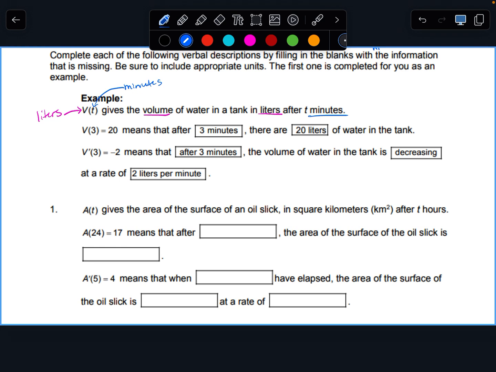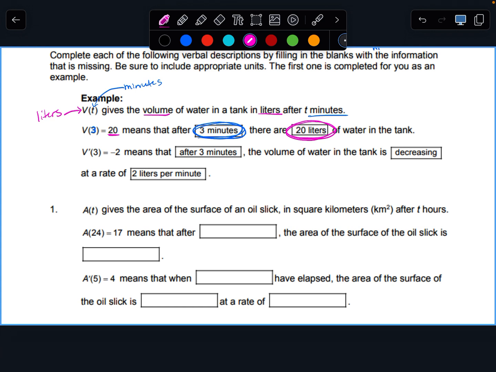So when I'm filling in these blanks, V of 3 equals 20 means that after, the T is the 3, right? So I say 3 minutes, because that's the unit for it. So after 3 minutes, there are, and then 20 is the V value. So you write 20 and then look at the unit: liters of water in the tank. Pretty simple. You guys have been doing that before.